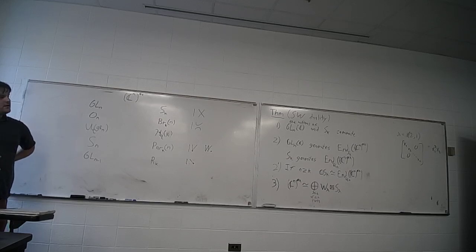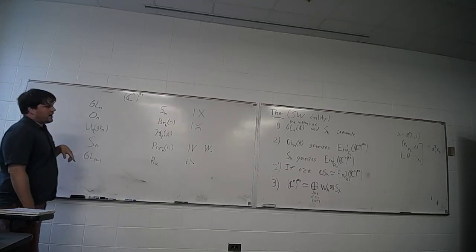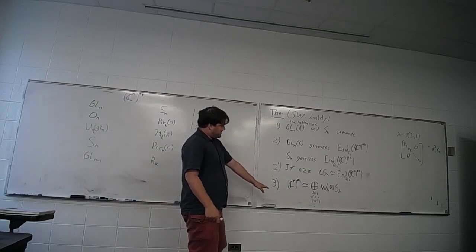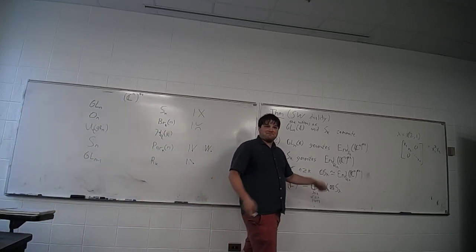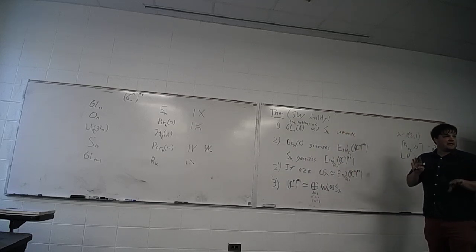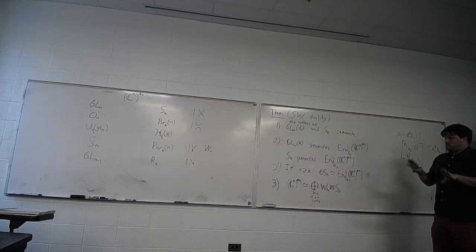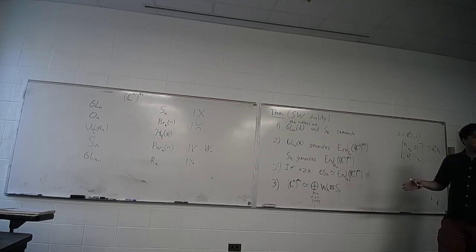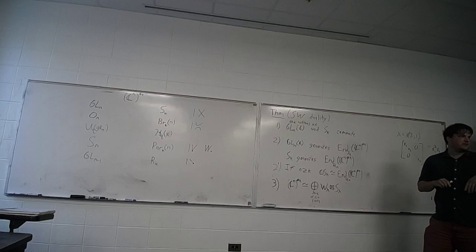They generate each other's centralizers, and at least in the semi-simple case, so all of these, except maybe this one when Q is a root of unity, that gives us this nice decomposition where we can match up irreducibles on one side with irreducibles on the other. And it gives us a matching between the irreducibles of these two groups or algebras that occur inside this representation.